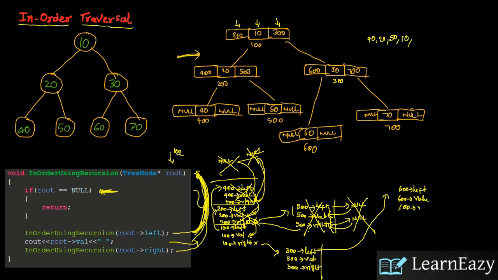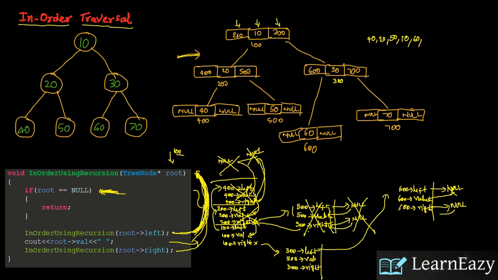So 600 left, again we need to pass it to the same function. 600 left is nothing but null. So null equals null, it returns back here and this record will get deleted. 600 value is nothing but 60. 600 right is nothing but null.